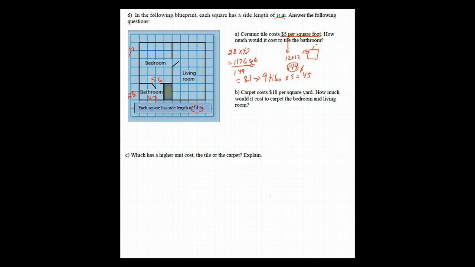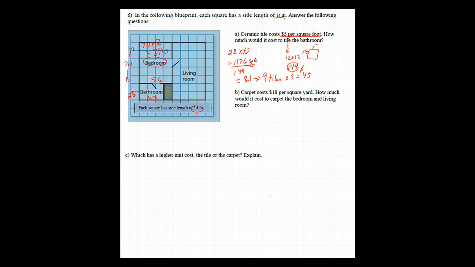The length of the bedroom will be 5 times 14, or 70. So we'll multiply 70 times 56, and the area of the bedroom will work out to 3,920.